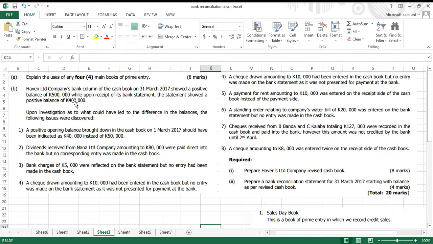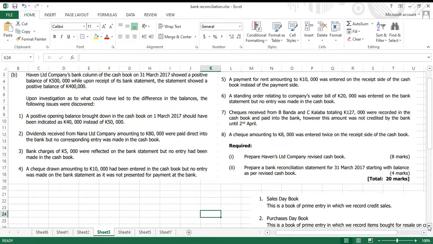All right. So upon investigation as to what could have led to the difference in the balances, the following issues were discovered. The first thing that I'm going to do before I read out all these transactions here is I'm going to open my new updated cash book.